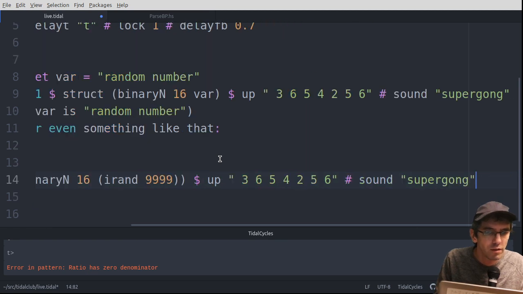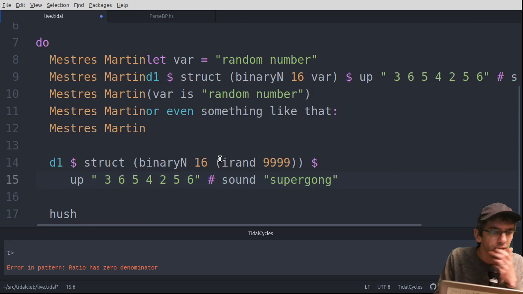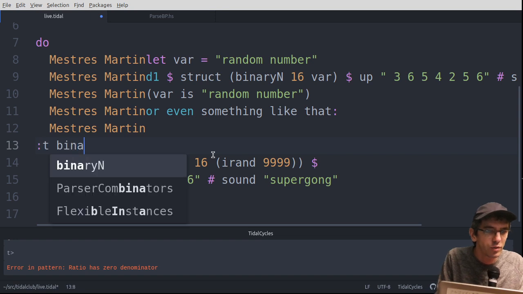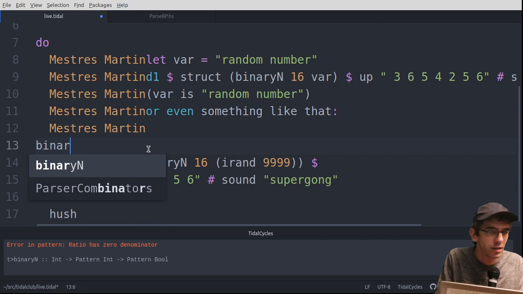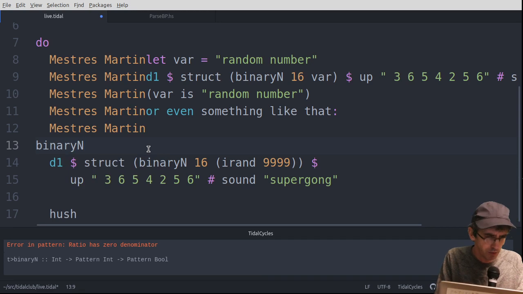Ratio has a 0 denominator. Binary n. Huh. Yeah, I'm not sure what's going on with this. I can't even remember what binary n is. I think it's something like creates a binary number with a given number of bits or something.